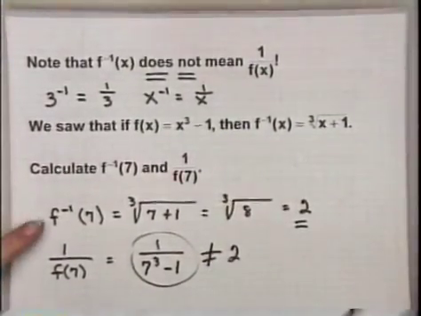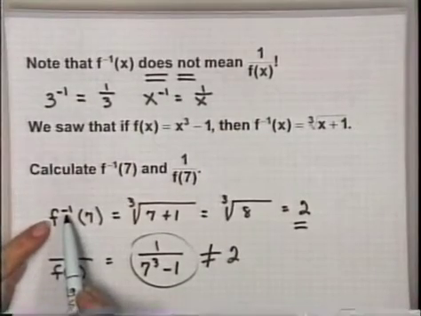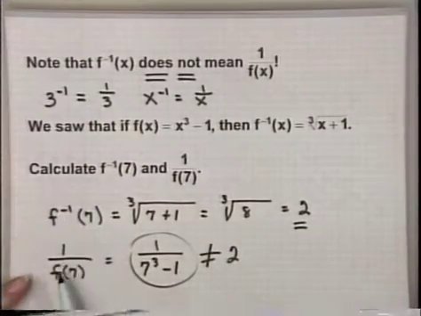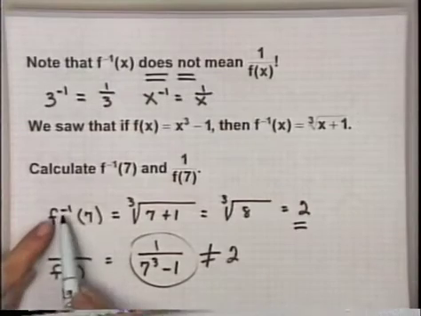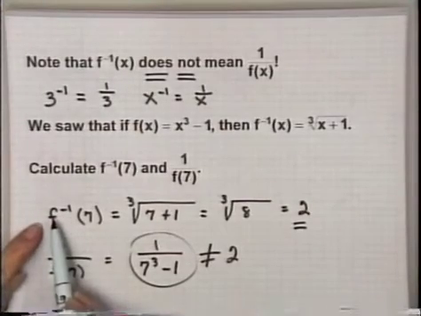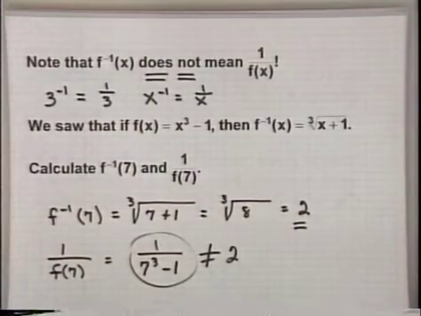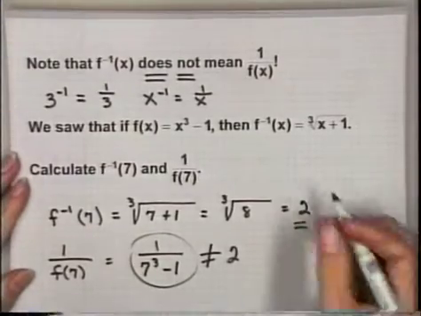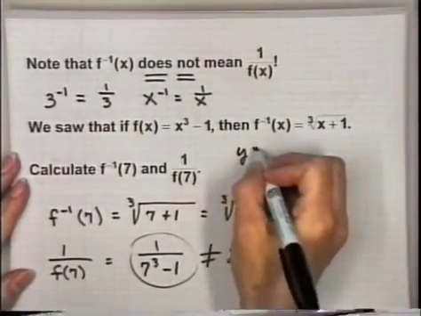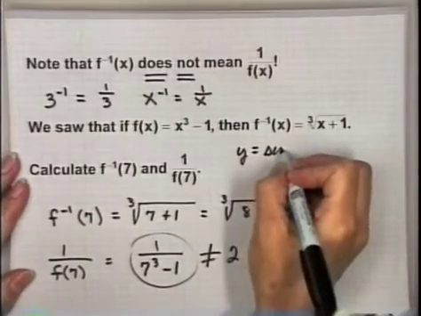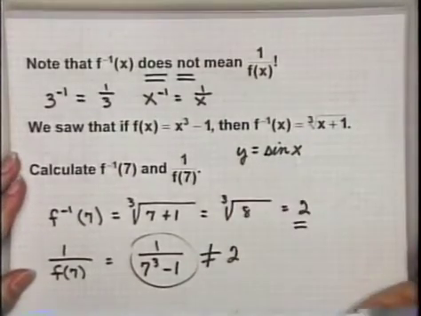So what we're showing you here is that this does not mean, like the exponent would mean, 1 over. Anytime this symbol is used with a function name, it means inverse function. If you have studied trigonometry, you have seen the trig functions like y equals sine x.